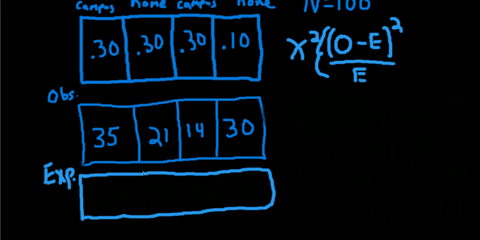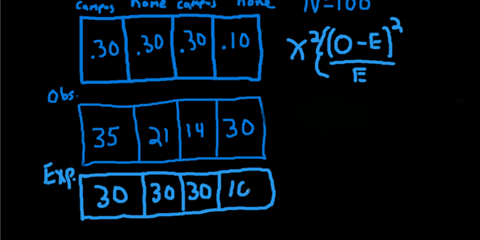So for the first cell, the expected proportion is 0.3 and the sample size is 100, so 100 times 0.3 will give us 30. And that will give us the same value for the next three, since those are each expected to have 0.3 as the expected proportion, so the expected frequency is going to be 30. The last one is 10, so the expected frequency, 100 times 0.10, is 10.